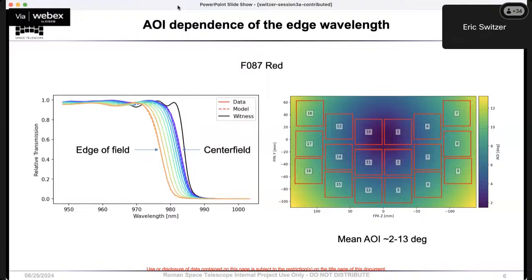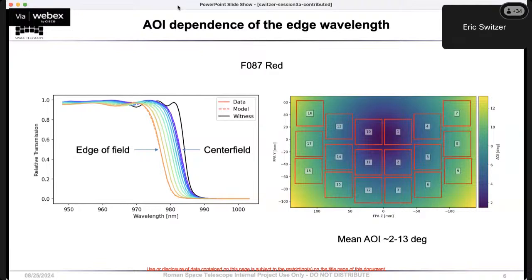One of the outcomes of the variation across the filter surface is that the uniform illumination in flight results in a broadening of the edge. Here on the left, the black shows the witness measurement, and then the colored lines show the diffuser data and a model of those data that I'll describe. You can see that the edge is a little bit broader.